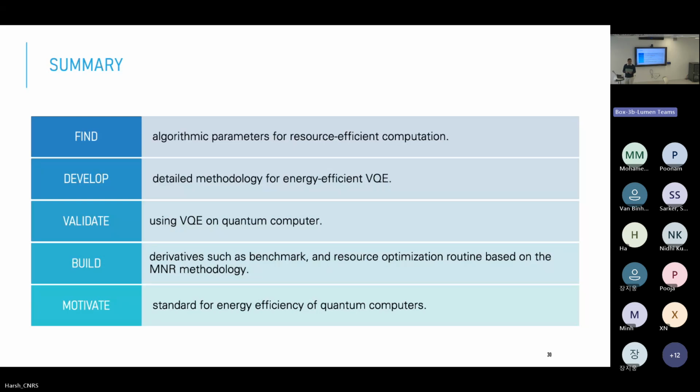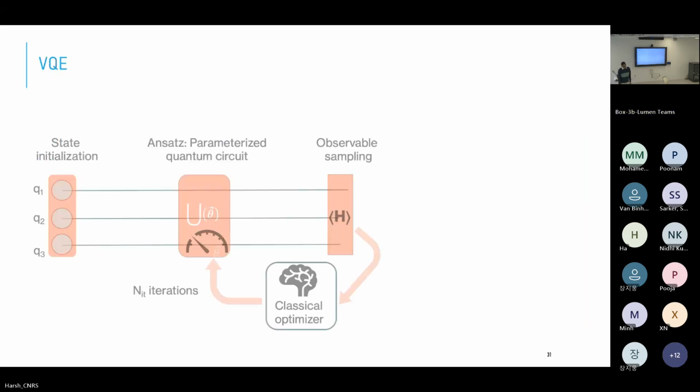That is to say, if we are comparing two quantum computers, how do we say based on energy efficiency that one is better than the other? So these kinds of comparisons I will motivate.